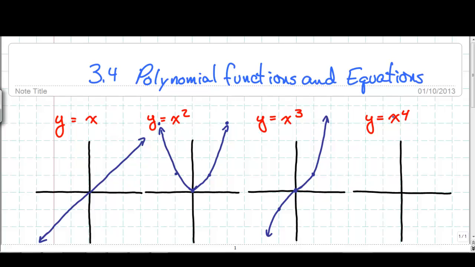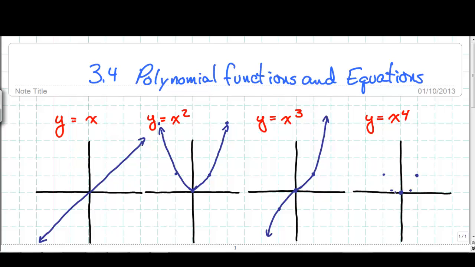And finally, for y equals x to the power of 4, same thing as we saw before. When x is 0, y is 0. When x is 1, y is 1 to the power of 4. But when x is 2, y is going to be quite high here, way up high. The thing that happens is inside here, when x is a half, y is going to be 1/2 to the power of 4, which is 1 over 16, very low.